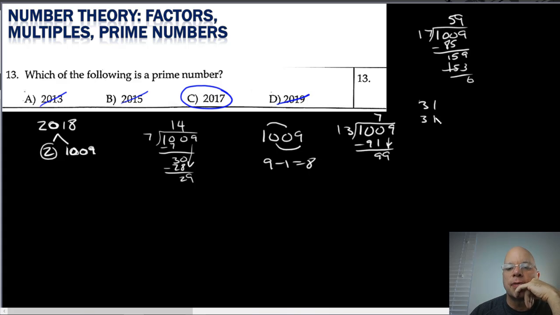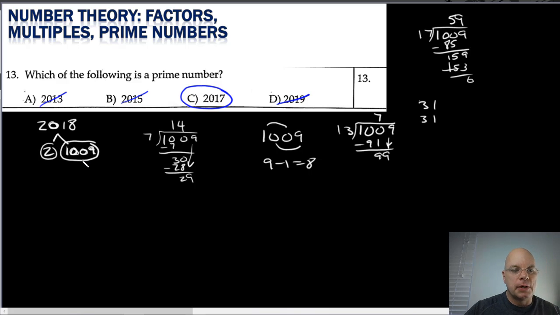If I check all the way up to 31, I'm good, but you don't want to have to do that on the test. 1009 is prime. Okay? Know that the prime decomposition of 2018 is 2 times 1009, and you'll save yourself a lot of time if that question comes up.